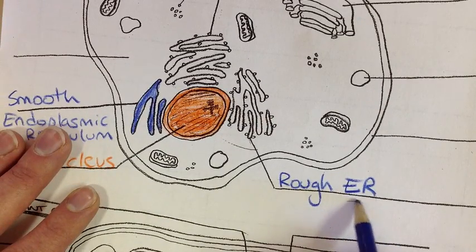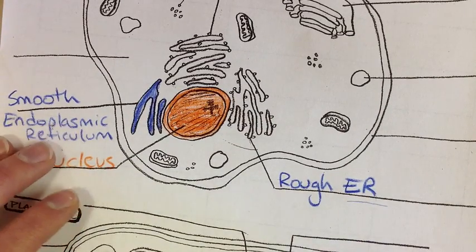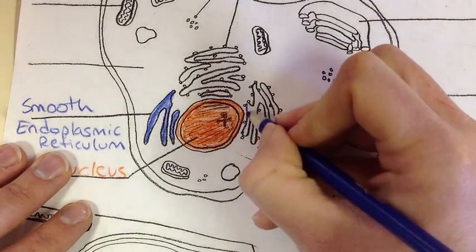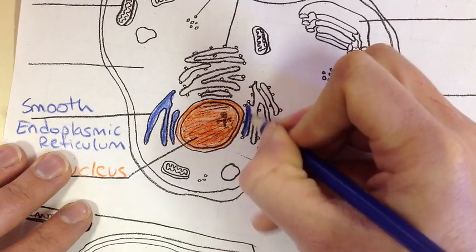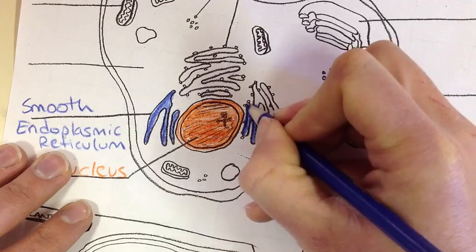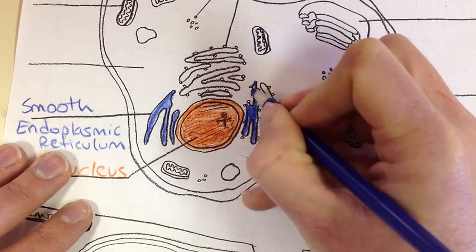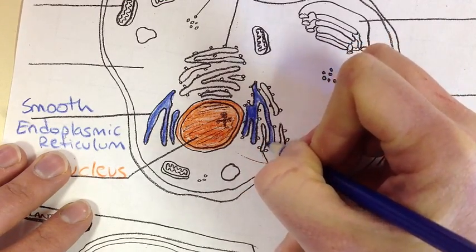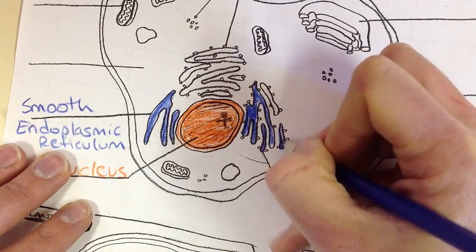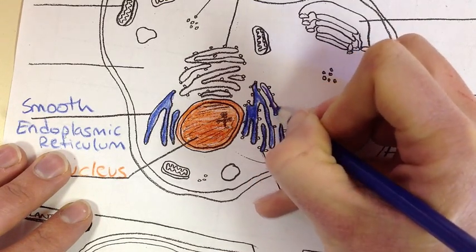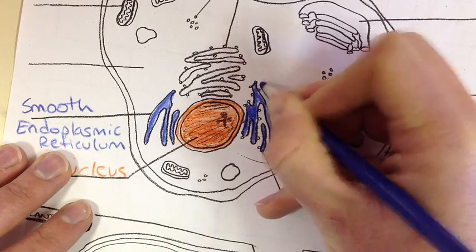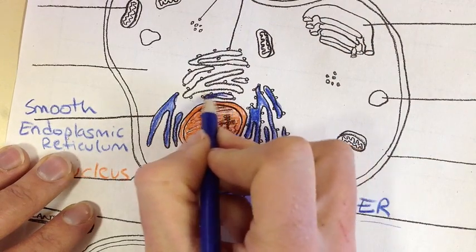And I'm going to abbreviate endoplasmic reticulum to ER because you will see that often when you are searching for these on the web. So I'm going to try and just color in the passageways with my endoplasmic reticulum color. And different cell models will have different sizes for the endoplasmic reticulum.